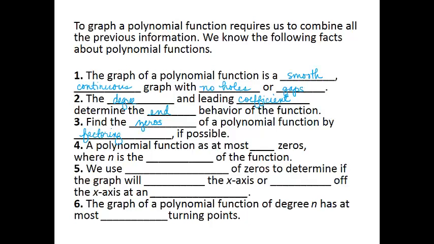And just remember that a polynomial function has at most n zeros, where n is the degree of the function. We use the multiplicity of zeros to determine if the graph will cross the x-axis or bounce off the x-axis at an x-intercept.